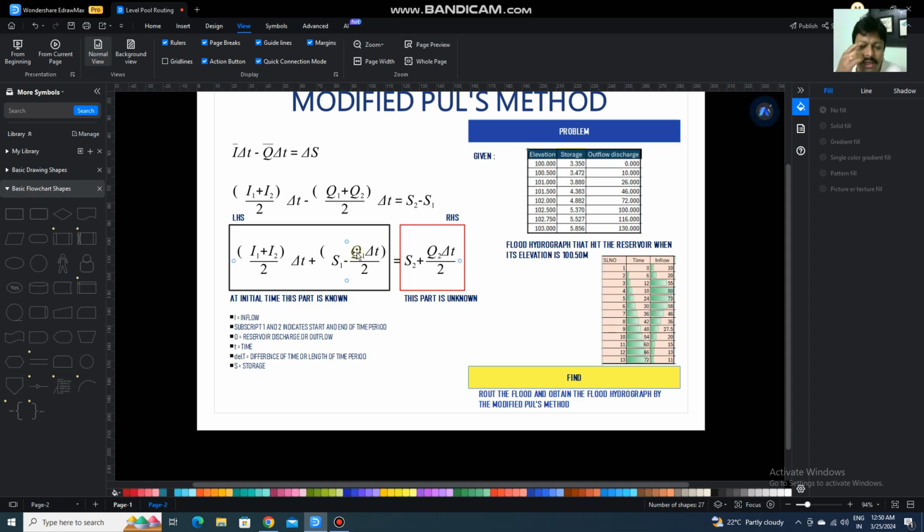So 1 indicates the starting time and 2 indicates the finishing time. In the example which I gave just now, 4 pm is the finishing time, that is the 2.